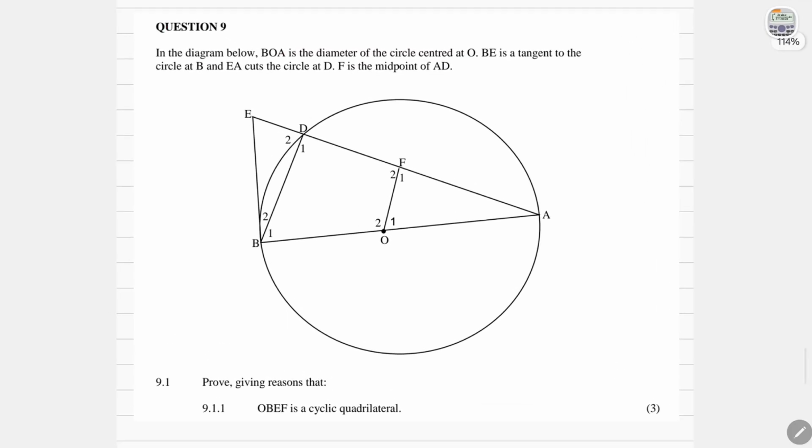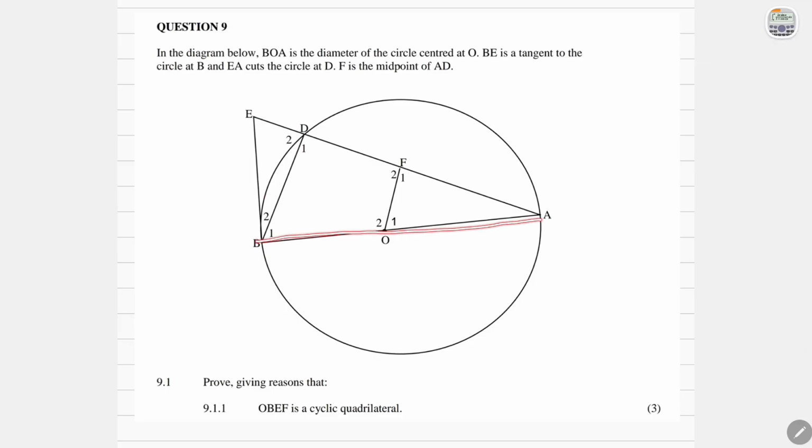Question 9 says, in the diagram below, BOA is the diameter of the circle centered at O. BE is a tangent to the circle at B, and EA cuts the circle at D. F is the midpoint of AD.